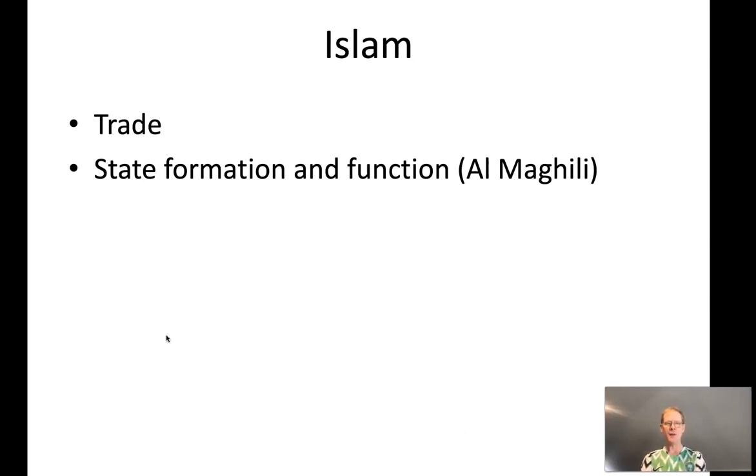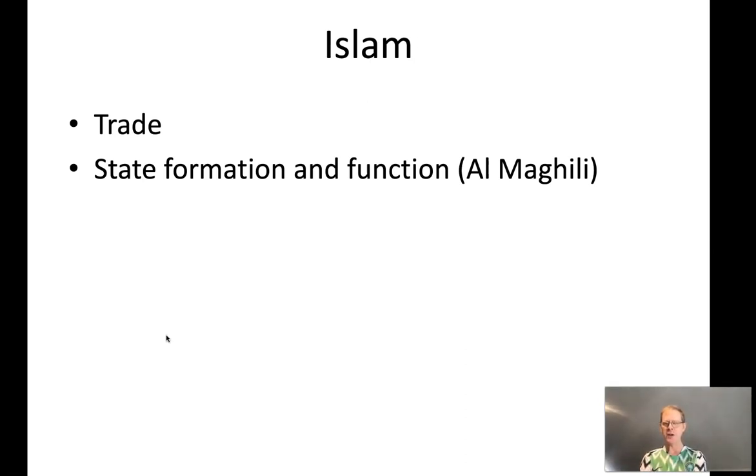Muhammad, the prophet of Islam, the last prophet of Islam anyway, was a merchant. And integrated in Islam are a lot of rules about how to conduct business properly. So you see, Islam is not just a religion per se. There's no separation of church and state in Islam, certainly back in the day. It's really an entire way of life.